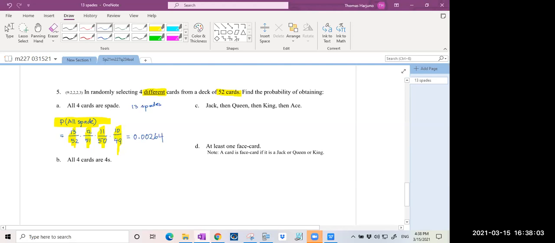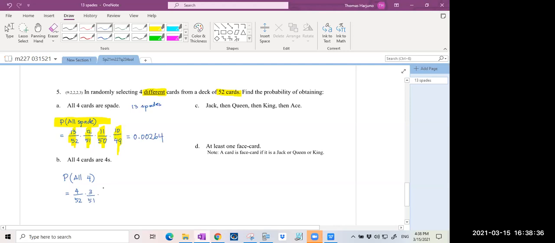Okay, let's go on with number 2. What is the probability that all of them are 4s? How many 4s are in a deck? There are 4, right? So the probability for the first card will be 4 out of 52. What is the probability that the second card is also a 4? 3 out of 51, times.